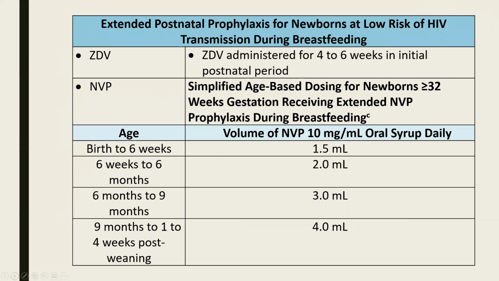So what do we do if a woman decides she may want to breastfeed? Well, hopefully these are only low-risk infants, in which case zidovudine would first be administered in the first 4 to 6 weeks of initial postnatal prophylaxis. But the WHO also has extended postnatal prophylaxis for breastfeeding infants, where they use nevirapine in these types of dosing.